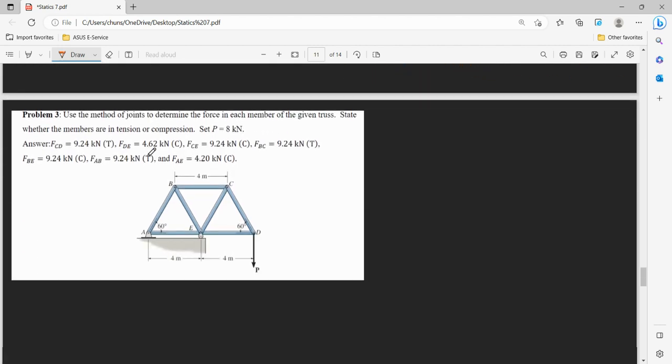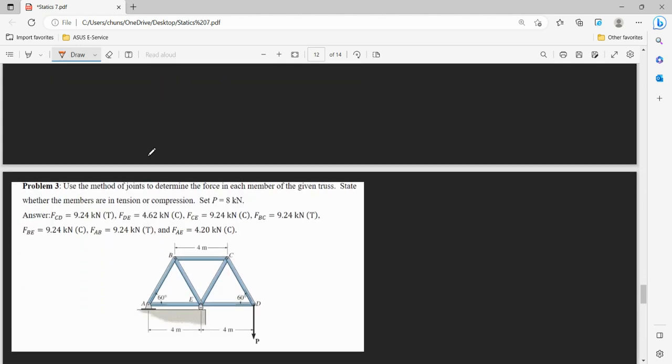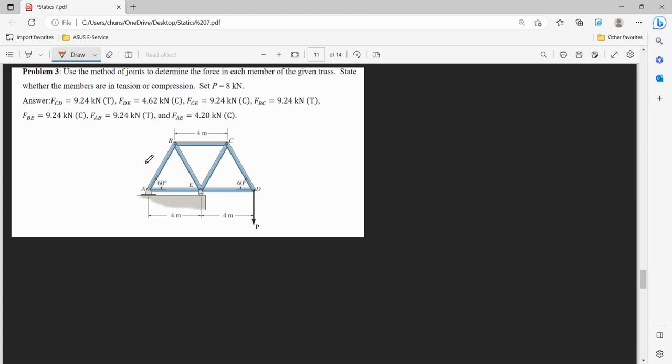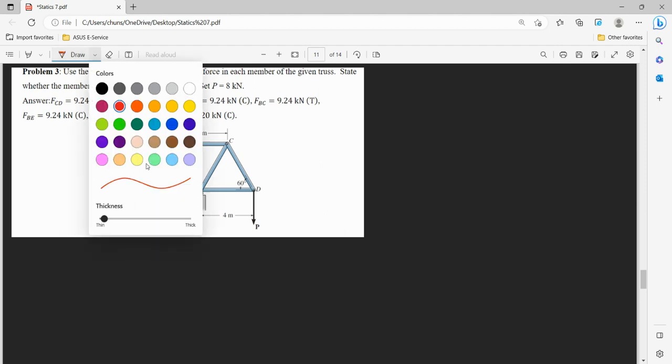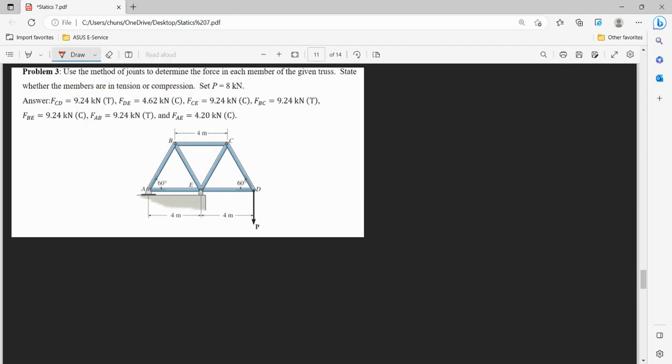All right, okay, so problem 3. This is going to be our last one. I'm going to skip over problem 4. I'm going to leave problem 4 for you guys to do on your own. We're going to use one more question that involves our method of joints. So let's see if we have any zero force members.